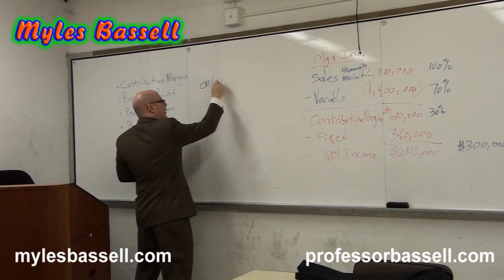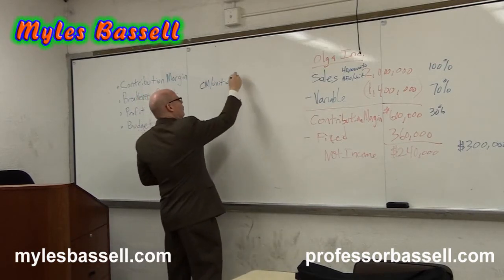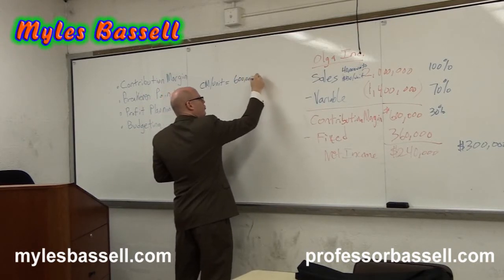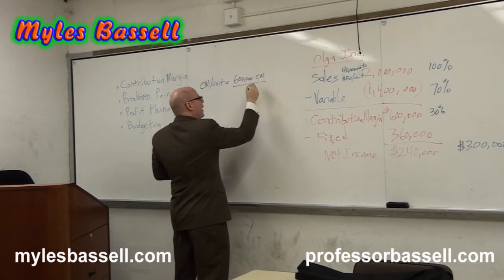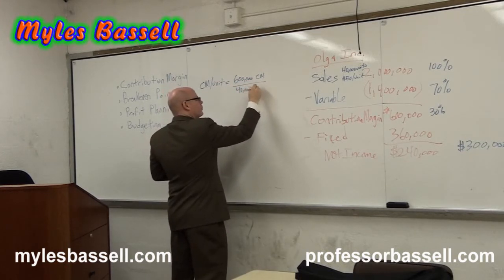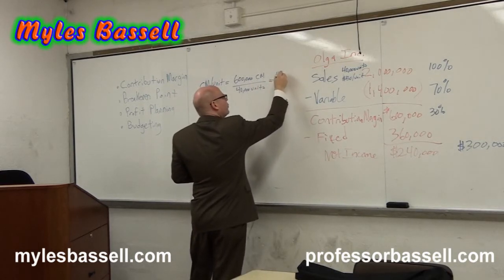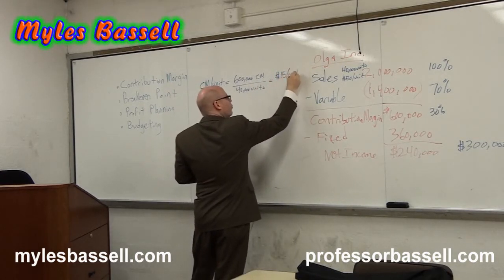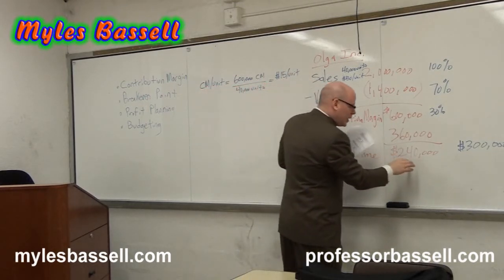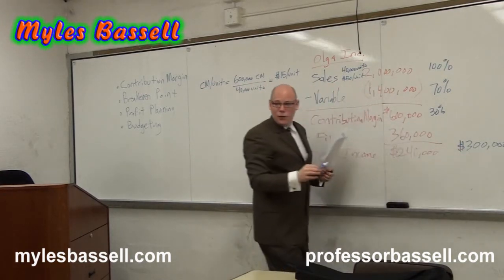Tell us how you got that. 600,000 is the contribution margin, and divide that by 40,000 units gives us $15 per unit. Because what we're trying to determine now is, what if net income was not $240,000, but $300,000?